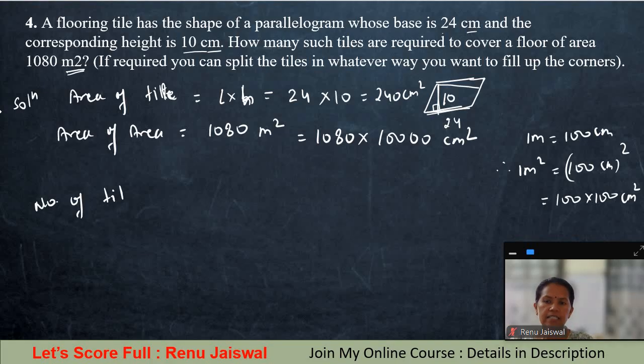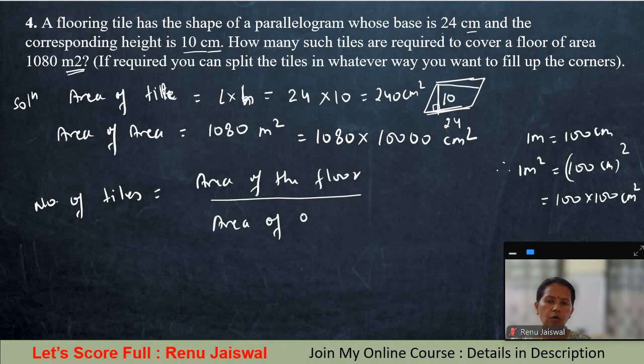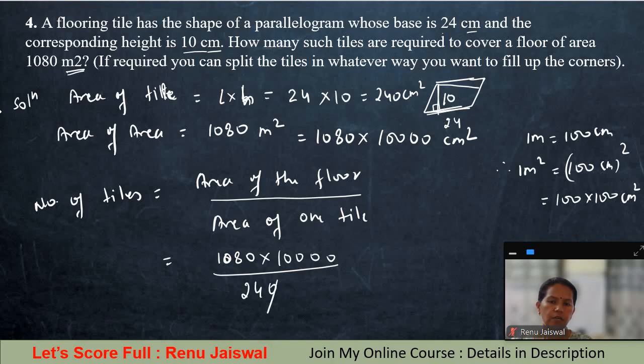Number of tiles is the area of the floor divided by the area of one tile. The area of the floor is 1080 into 4 zeros, that is 10,000, and one tile is 240. We can do the cutting this way: instead of cutting these 0 and 24, cut this and this.